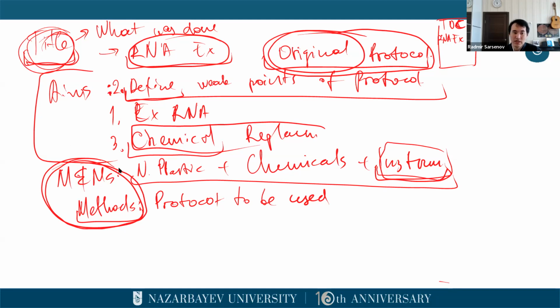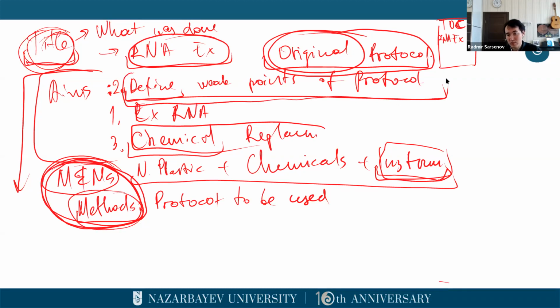If you don't have this section documented, then of course you are unable to redo the experiment, and you have to go all over again because now you lost the actual methods and materials, and now you need to redefine the weak points of the protocol, etc. So this part is very important.